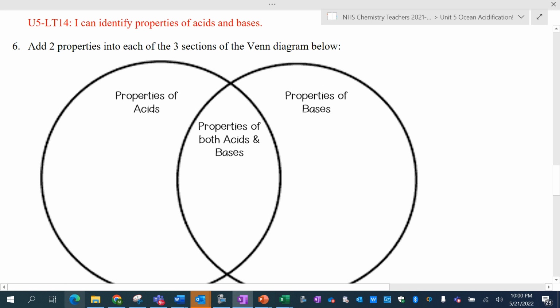Identify two properties in each of the three sections of the Venn diagram below. All right, so we know that acids have a pH less than 7. Bases have a pH greater than 7. We know that they're both corrosive.